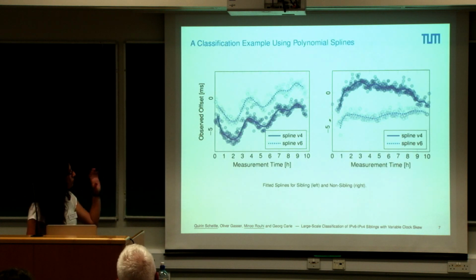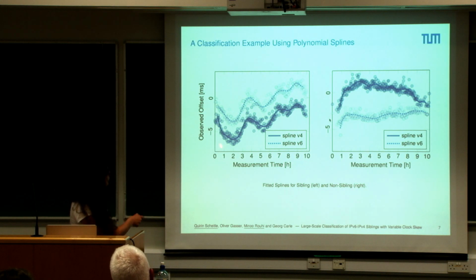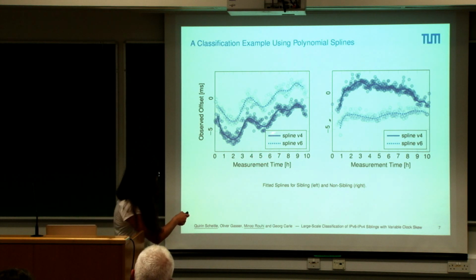I would like to show an example of variable clock skew and what feature and method is used to classify it. This is a sibling pair, a sibling with IPv4 and IPv6.